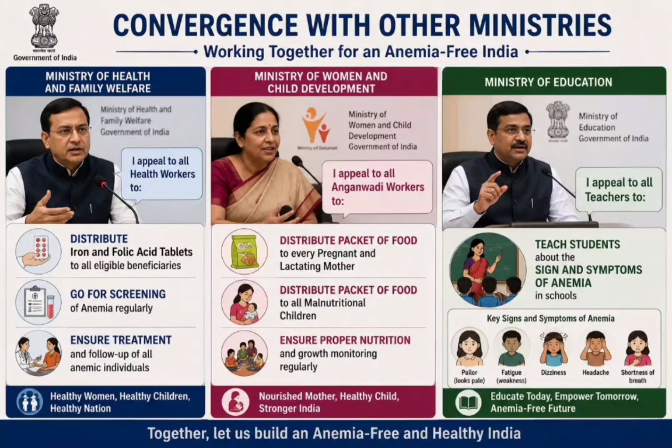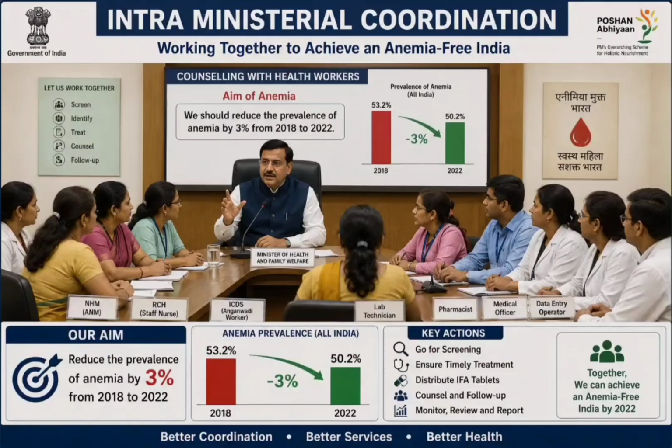While the Ministry of Women and Child Development appeals to all the Anganwadi workers to distribute packets of food to every pregnant and lactating mother, distribute packets of food to all malnourished children, and ensure proper nutrition. On the other hand, there is the Ministry of Education.